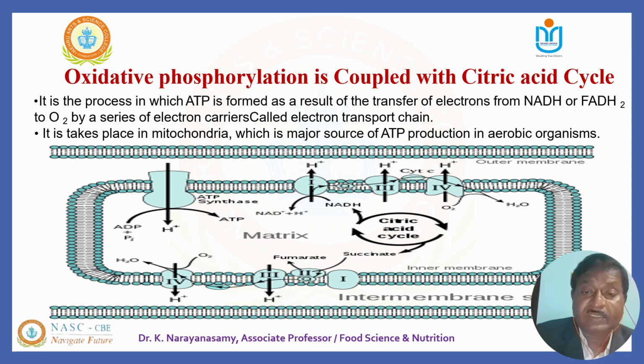Here, the citric acid cycle happens in the matrix of the mitochondria, and you can see that it is always coupled with the electron transport chain or oxidative phosphorylation, where you have complex 1, complex 3, complex 4, and the ATP synthase enzyme, where ADP and inorganic phosphate combine and protons are pumped inside, and ATP is formed.